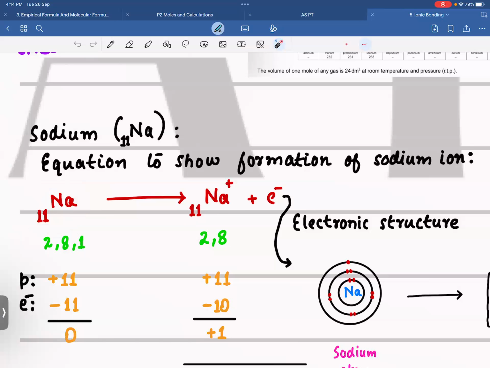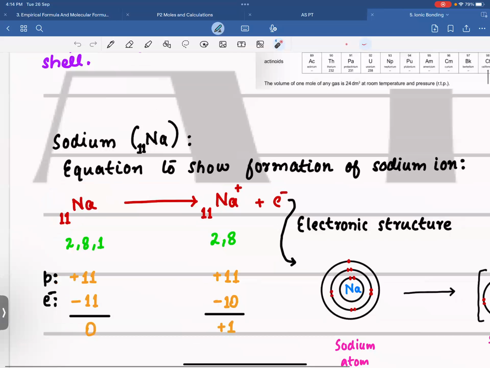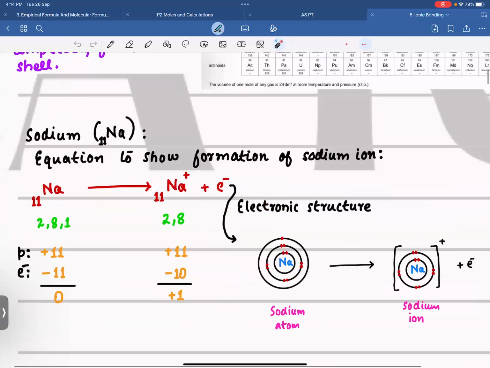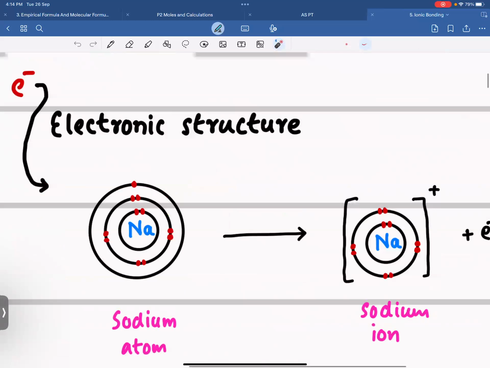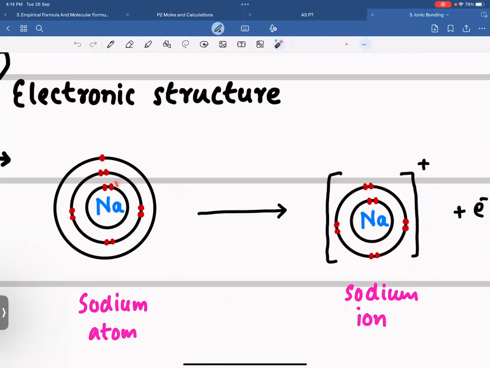Now if you look at the electronic structure, how it is made: the sodium atom has 2 electrons in its first shell, then 8 electrons in its second shell, and then 1 electron in its third shell.